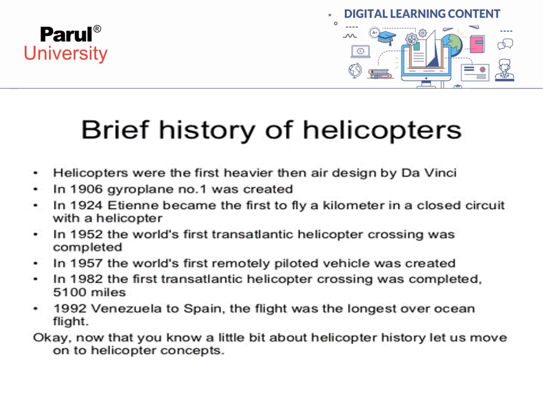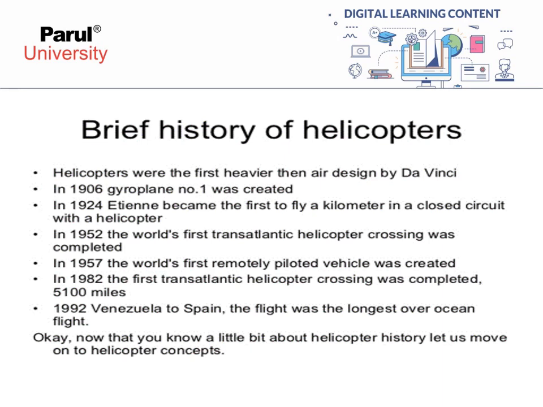Now, what is the brief history of helicopters? The helicopter was first designed, as a heavier-than-air craft, by Da Vinci. In 1906, Gyroplane Number 1 was created. In 1924, Oehmichen became the first to fly a kilometer in a closed circuit with a helicopter. In 1952, the world's first transatlantic helicopter crossing was completed.